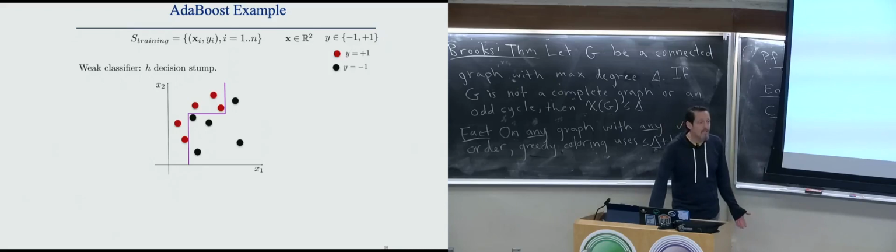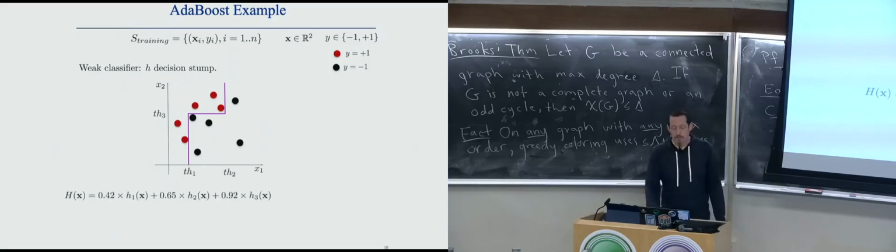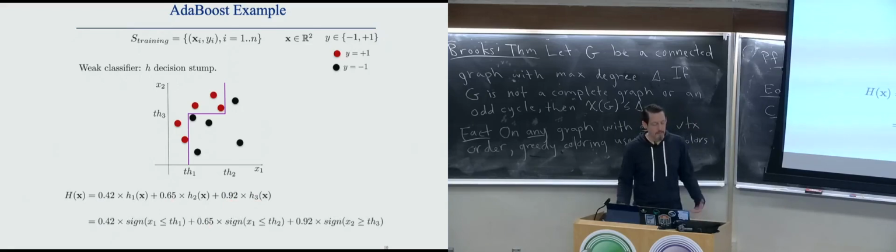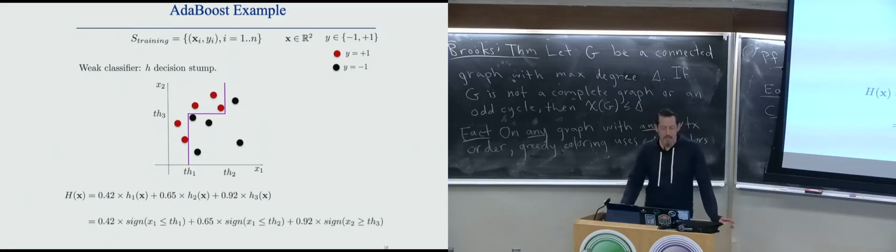It's piecewise linear because it's composed of a bunch of decision stumps. So that's pretty cool, right? The output is those alpha terms we came up with multiplied by each one of those classifiers' outputs.